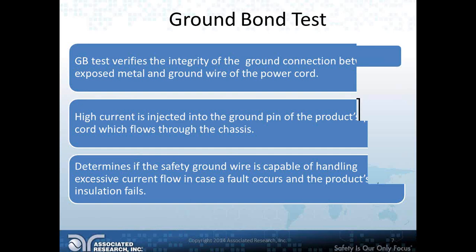Here's a little diagram that shows what a ground bond test circuit looks like. On the left-hand side, you can consider the box as the ground bond tester, and on the right-hand side is the device being tested. As you can see, it has a 3-prong plug or line cord, making it a Class 1 product.